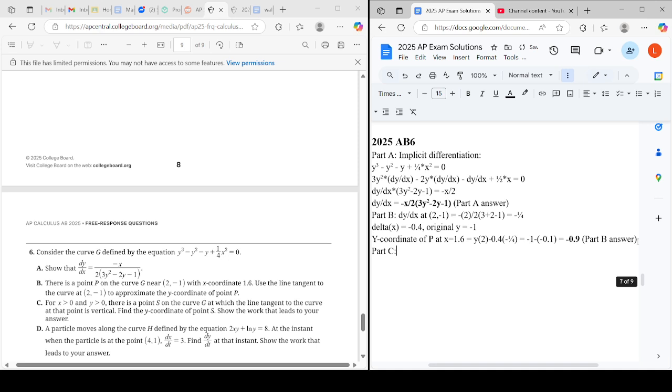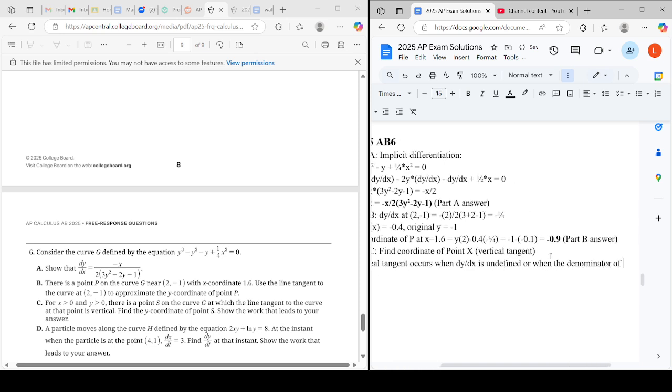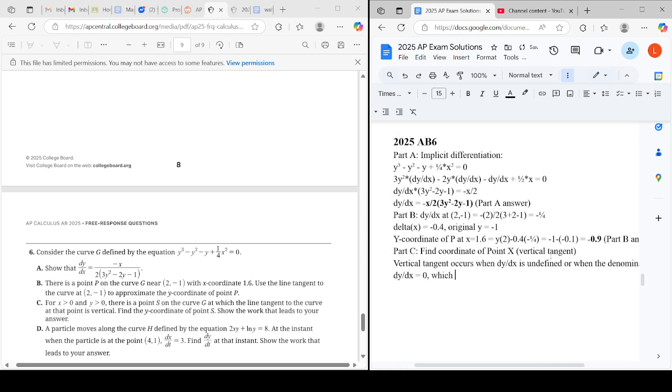In part C, we're asked to find the coordinate of the point with a vertical tangent. So a vertical tangent occurs when dy over dx is undefined, or when the denominator of dy over dx equals 0, which occurs when 3y squared minus 2y minus 1 equals 0.